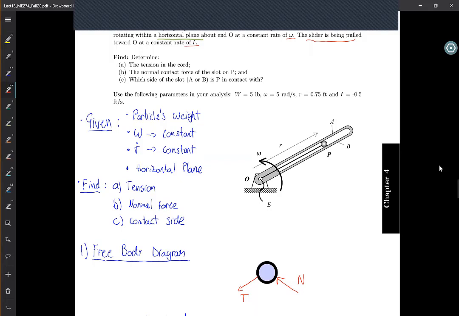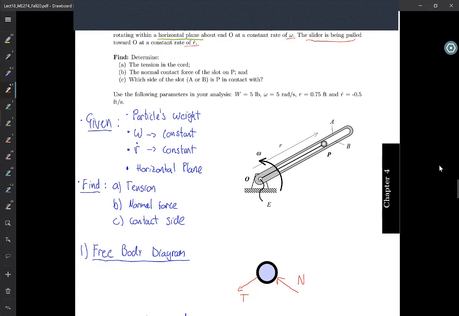What does it mean? Does it mean that I'm assuming that the particle is touching the upper surface or the lower surface? The lower surface. Now, this is only an assumption. And I'm going to let my equations tell me whether my assumption is correct or not. Okay?